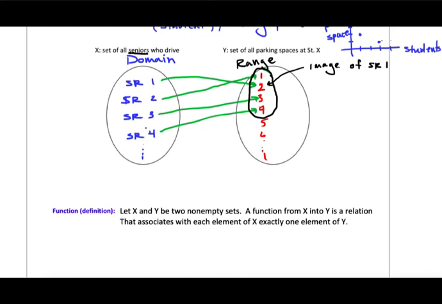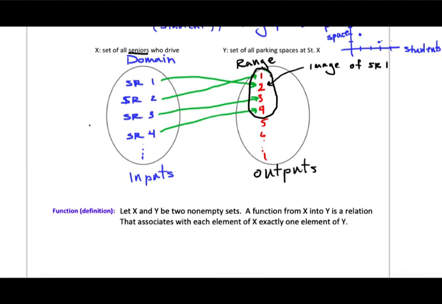A function from x into y is a relation that associates with each element in x exactly one element of y. I encourage you to think of it this way: the domain is the set of inputs, and the range is the set of outputs.